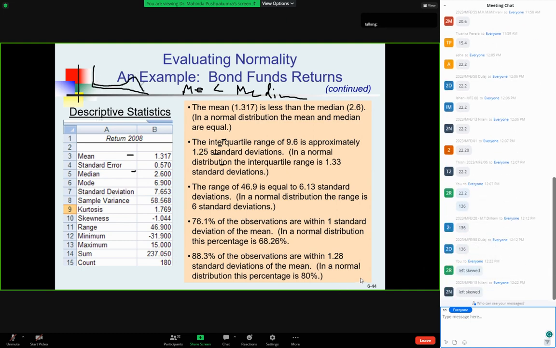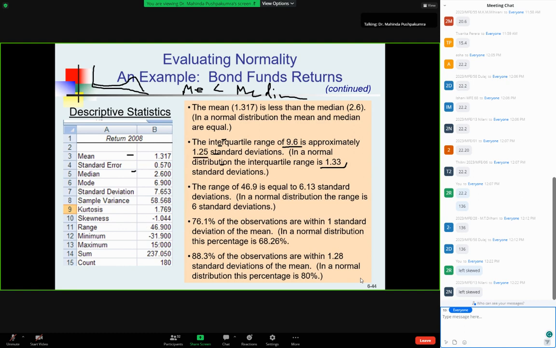Then if the distribution is normally distributed, the interquartile range should be within 1.33 standard deviation. Now they say that the interquartile range is 9.6. It is 1.25 standard deviation.